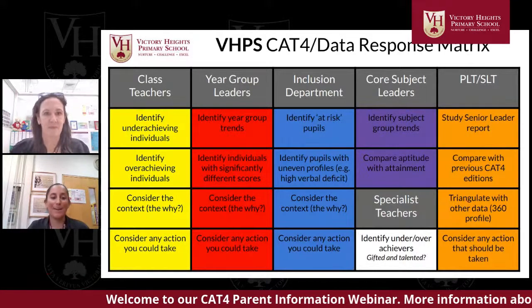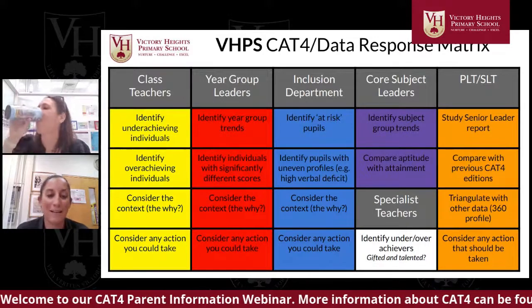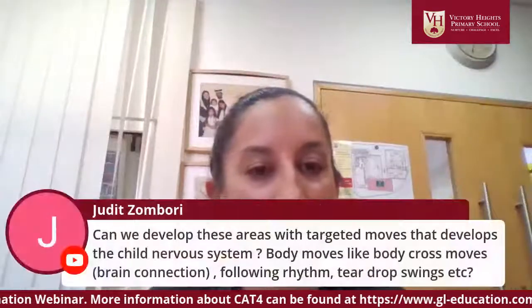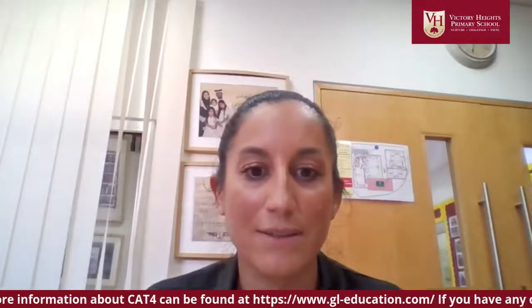Yes. So again, that would link closely if there are some difficulties with the vestibular system, and that would link in with your spatial scores. So if there are scores which are lower in the spatial battery, we would look at trying to develop some of that motor coordination, communication, some of the problem solving, some of their awareness in space.